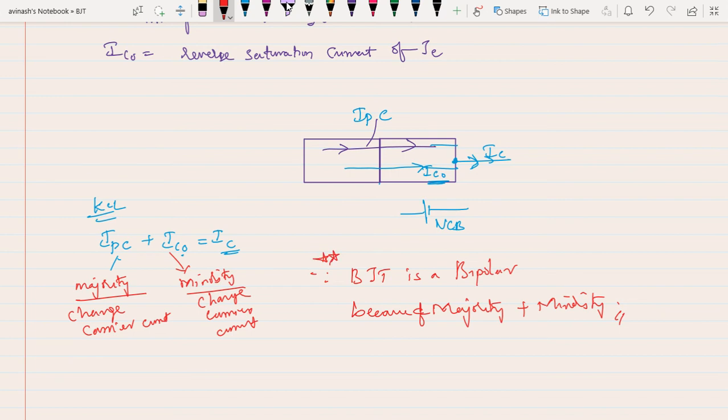Okay. In a PNP transistor, the movement of holes through the base is due to the concentration difference. Hole current through the base is a diffusion current. Hole current through a base is what?